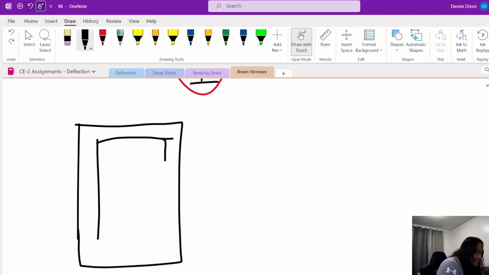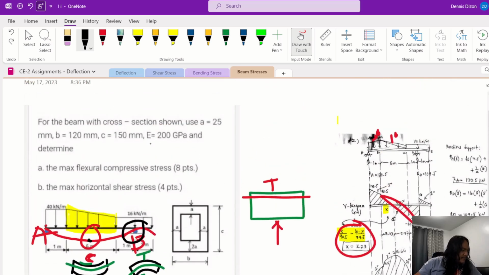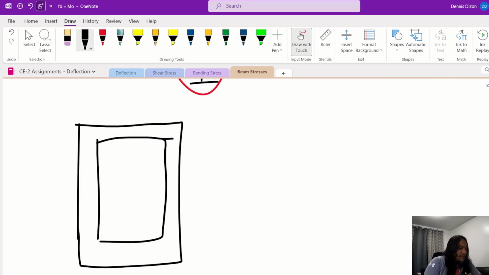So the bottom portion is thicker, which is 2 times A, and A is 25. So this is 25.